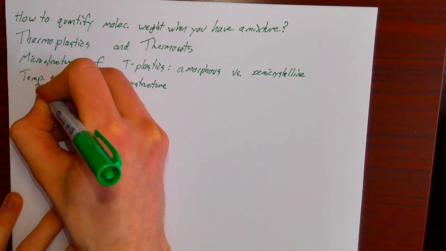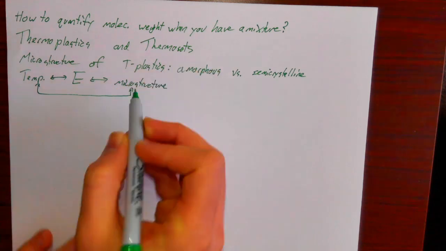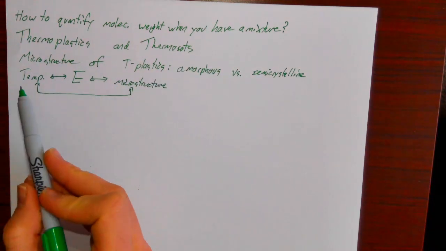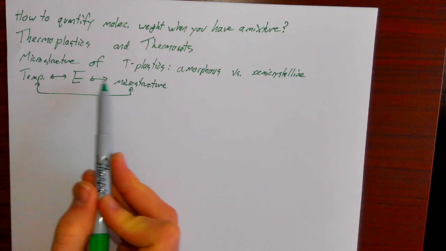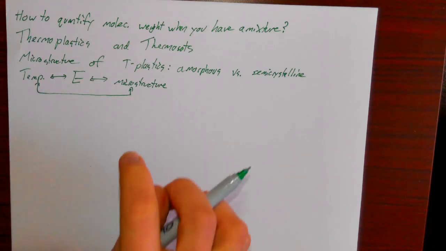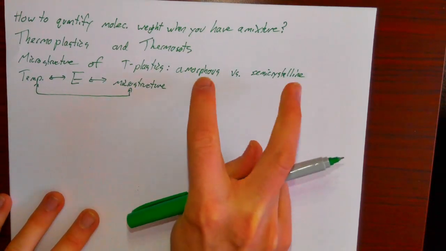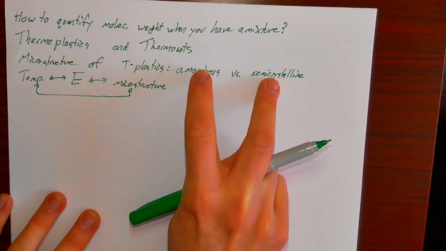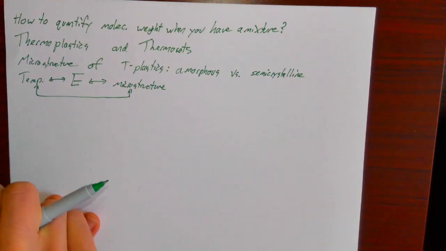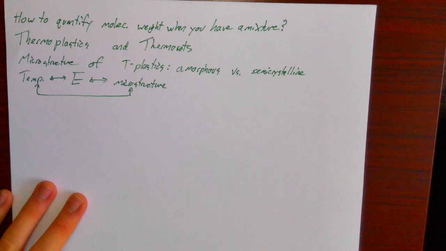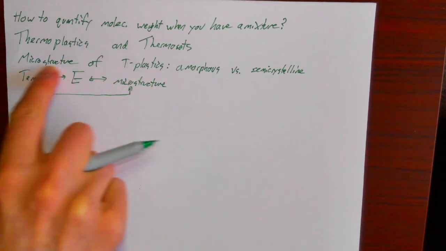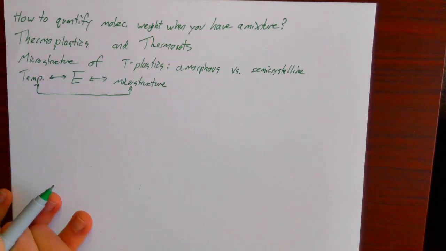So what is the connection between temperature and microstructure? What is the connection between microstructure and stiffness? What is the connection between temperature and stiffness? We'll discuss all of these together in the context of amorphous versus semi-crystalline thermoplastics, and then we'll also make a connection between some of these things and thermosets as well.